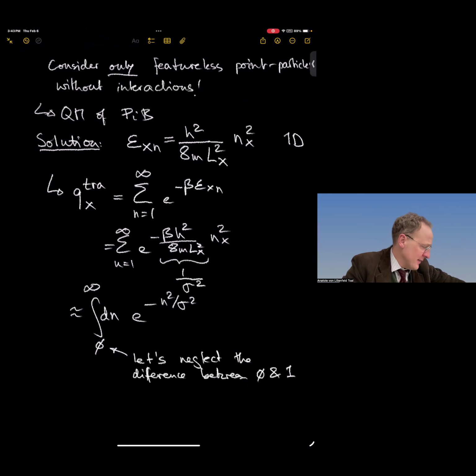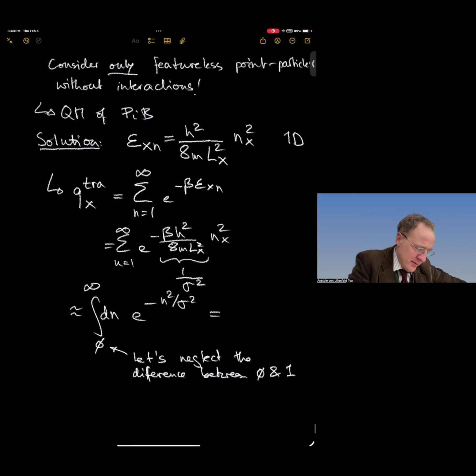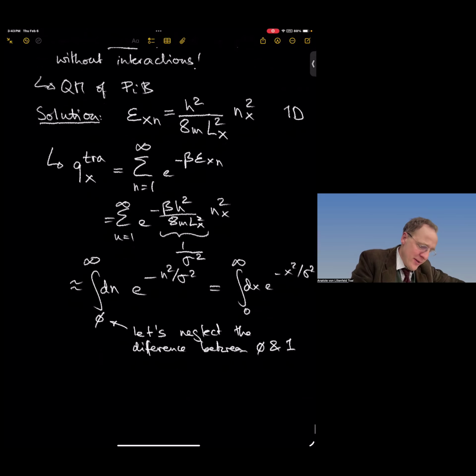So this is an integration over a Gaussian, which means this is just, with different symbols, the integral from 0 to infinity dx e to the minus x square over sigma square. And we know that that integral is square root of pi over 4 times sigma.